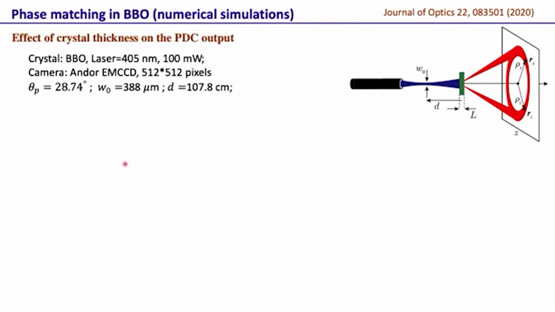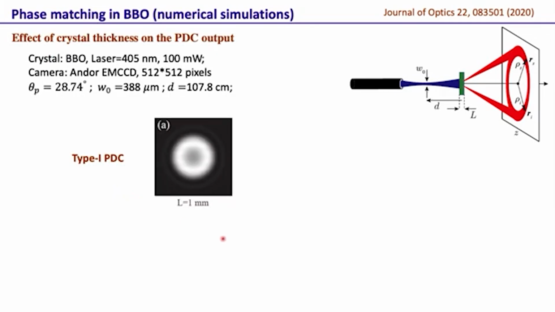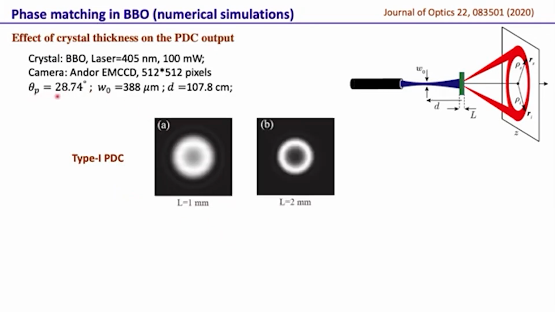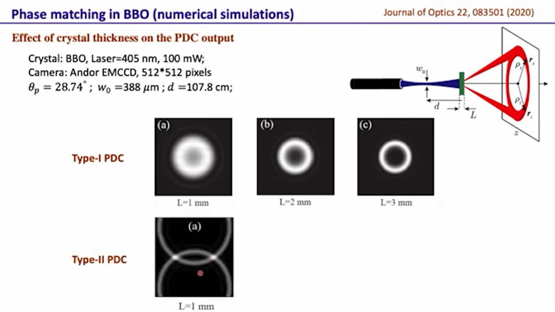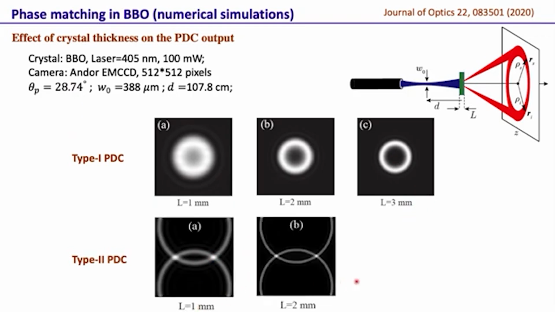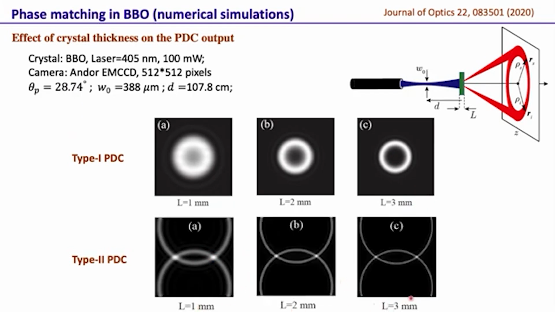One can also look at the effect of crystal thickness. This is again type 1, and we are looking at 28.74 degrees. If L equals 1 millimeter, that is, the thickness of the crystal is 1 millimeter, we see it like this. 2 millimeter, this is what we get. 3 millimeter, that's what we get. For type 2, that would be around 40 degrees or so. This is L equal to 1, this is L equal to 2 millimeter, this is L equal to 3 millimeter.